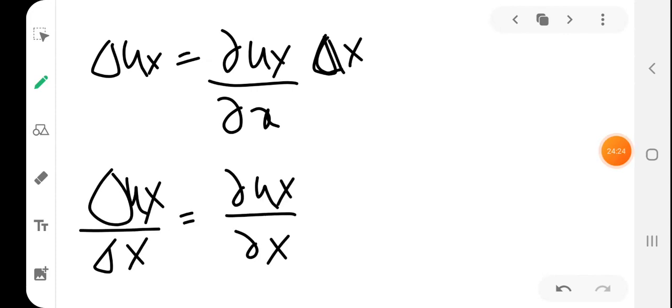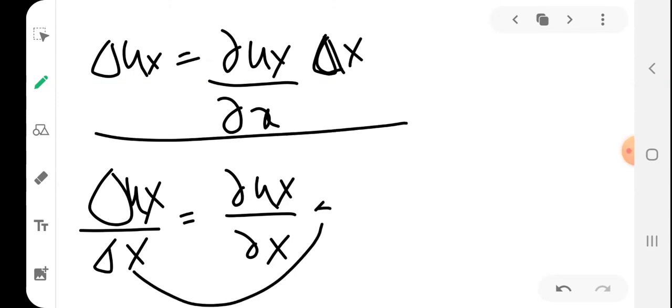So if you take delta x to the other side, you get delta ux equal to dou ux by dou x times delta x. This is called a first order approximation, and only the first order approximation is required.